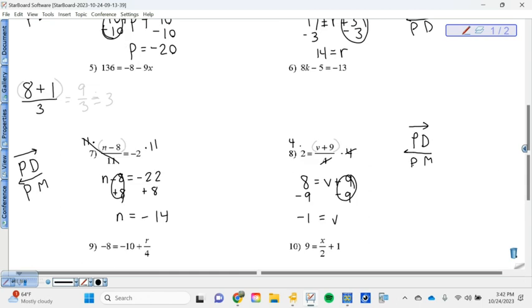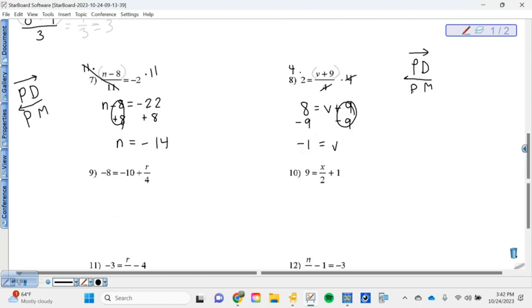Let's do 9 and 10 together, and then I'll give you time to work. So let's look at number 9. Remember, we need to move the term first, and then we move our factor. So what is the term that I need to move first? Good, the negative 10.